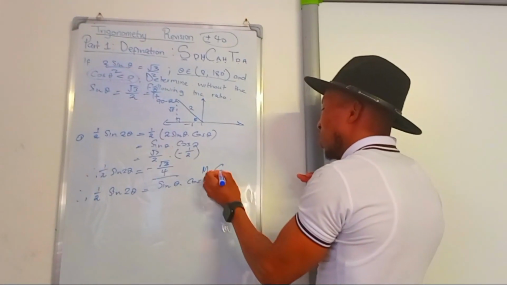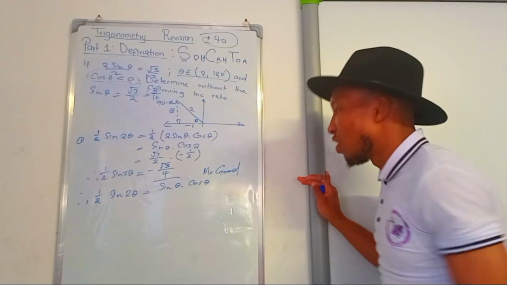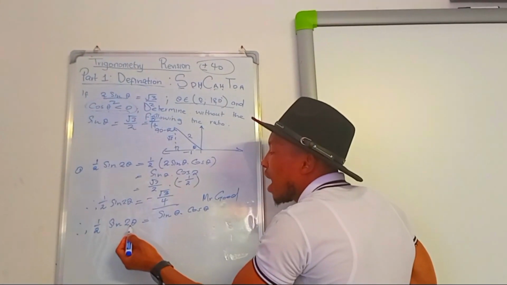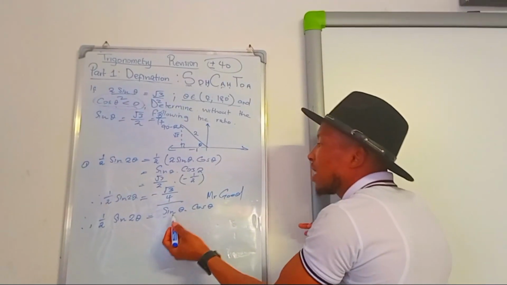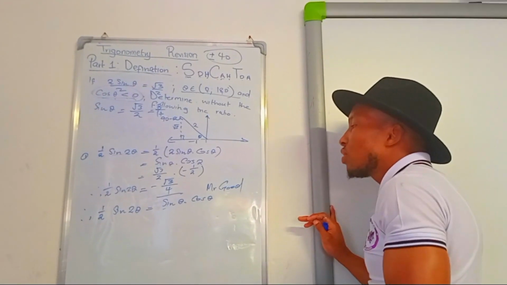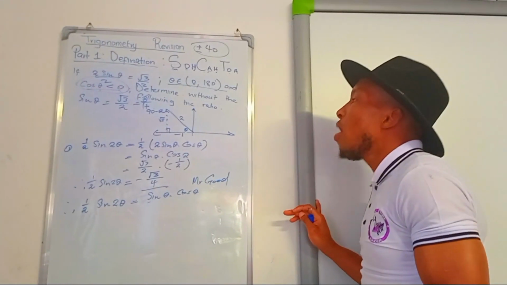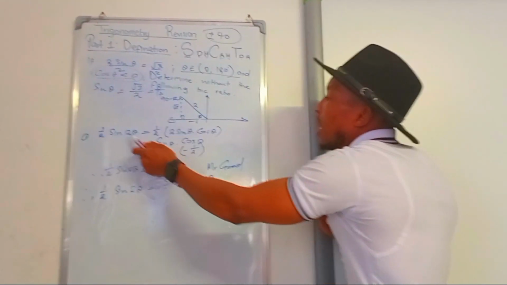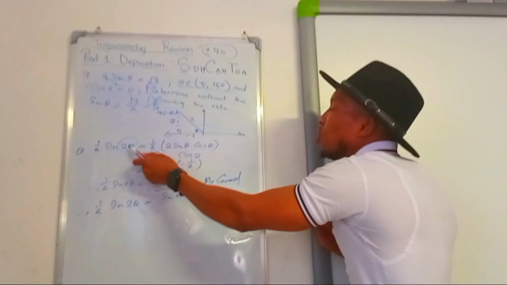Make sure that if you have 1 over 2 sine of the double angle, it's always equal to sine theta times cos theta. Therefore, after that, you are able to solve for theta, because here we don't have 2 angles, okay?